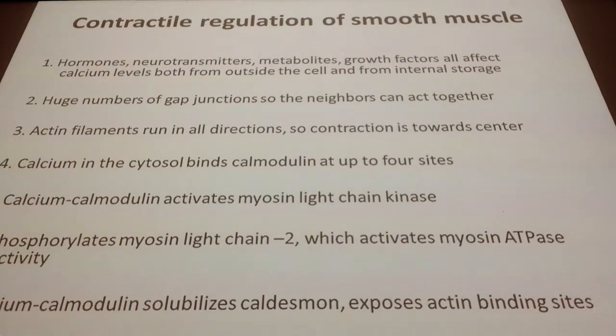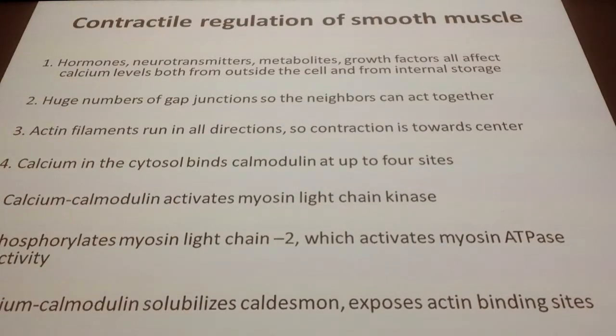How many myosin heads are told to bind to myosin binding sites is directly affected by two things: how much calcium is in the cytosol and how many myosin binding sites are exposed. They're all related. Let me run through all of that one more time for you.